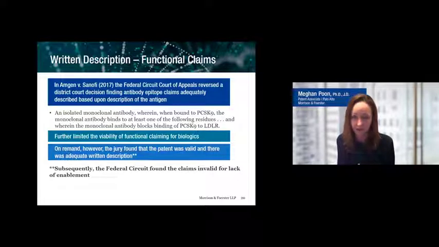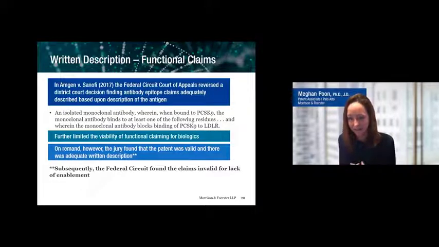This has also been followed by the recent Juno versus Kite case, which was sort of similar, having to do with CAR T cells, and sort of decided based upon the generic claiming of the scFv, which is an antibody piece. Interestingly, however, the case was remanded.